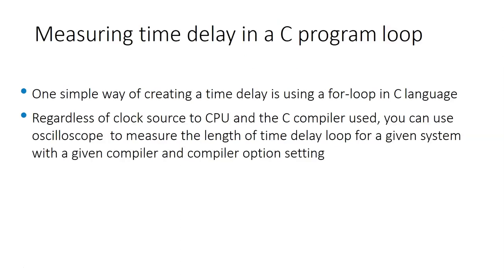Okay, so now let's talk a little bit about how we would insert delays and measure delays within our C program. There are different ways to do this. One simple way would be to create a for loop. Depending on the compiler and the options that we have for the compiler, it might produce a different sequence of instructions which results in different delays.